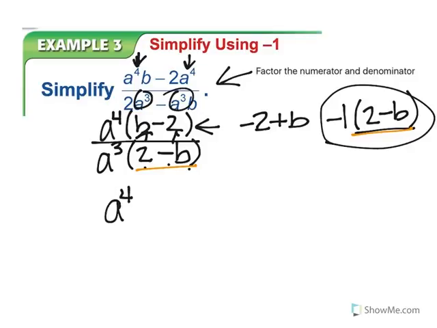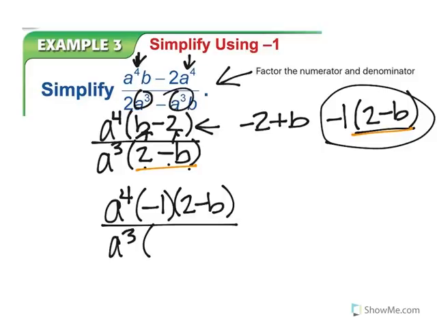So we have a to the 4th times -1 times 2 minus b over a cubed times 2 minus b. Now we're going to look for common factors that we need to cancel. And in this case, we can get rid of 2 minus b.